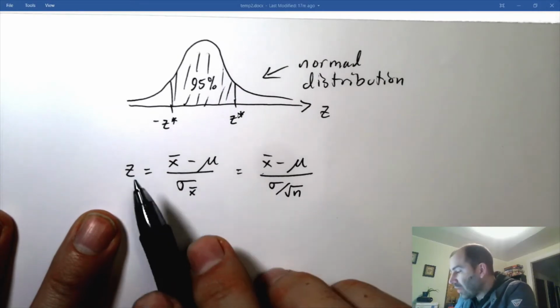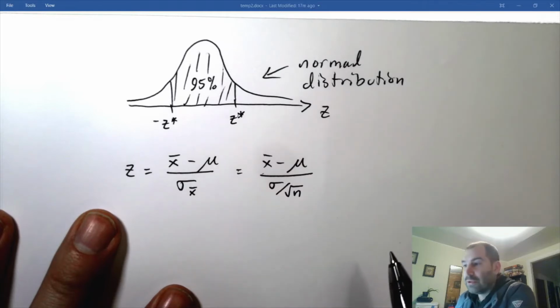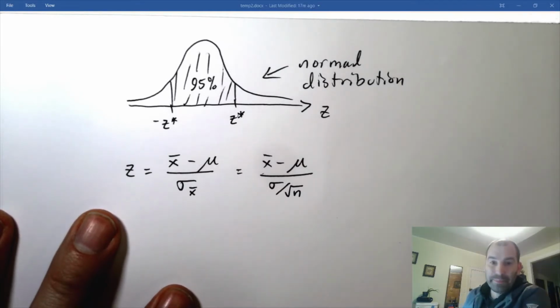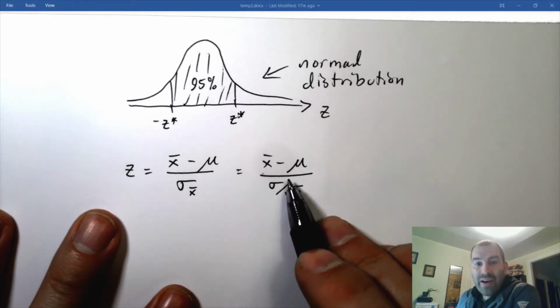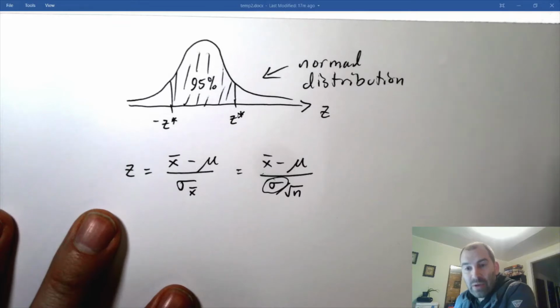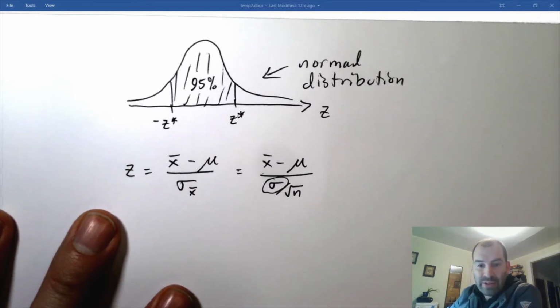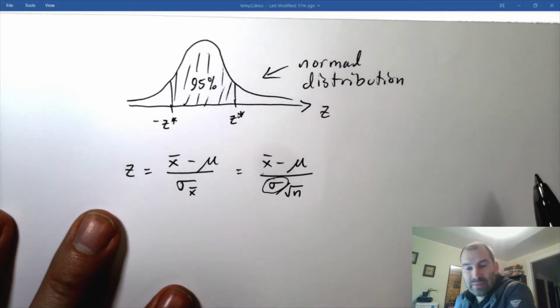So that's how we get our z-score, and we know that that follows a normal distribution. Well, look at what's different in our situation this time. We don't have this value. We don't have sigma. Instead of the population standard deviation, we have the sample standard deviation.